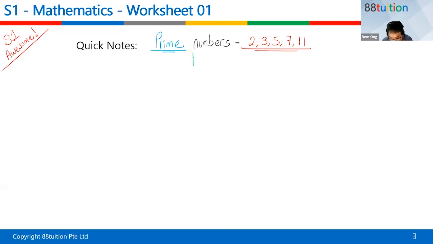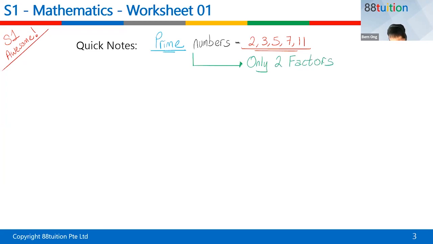What's the meaning of prime numbers? Very good question. Sorry, I'm asking myself questions. What are considered prime numbers? They are numbers that have only 2 factors.